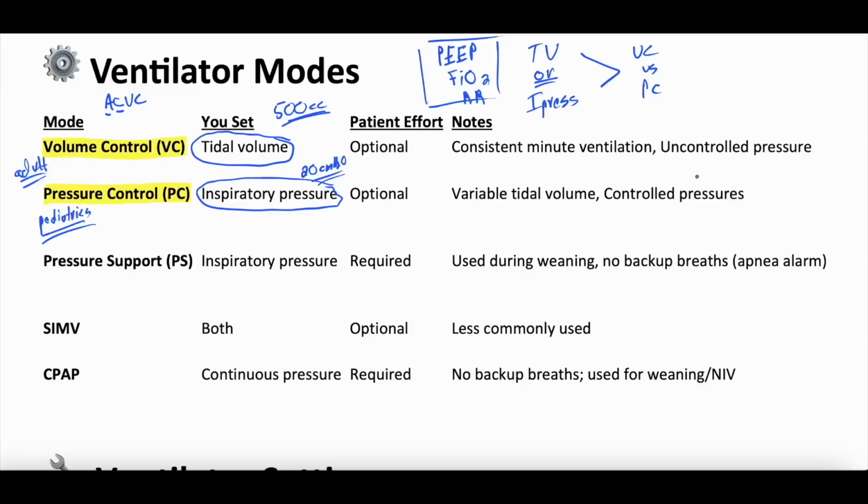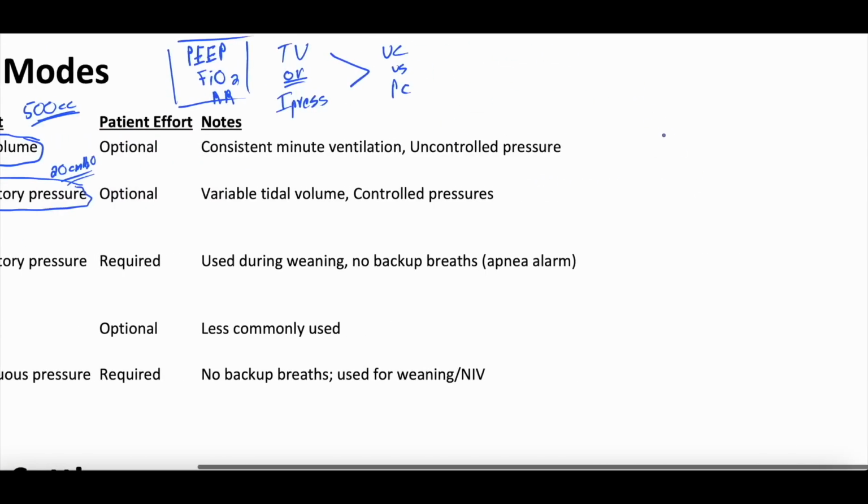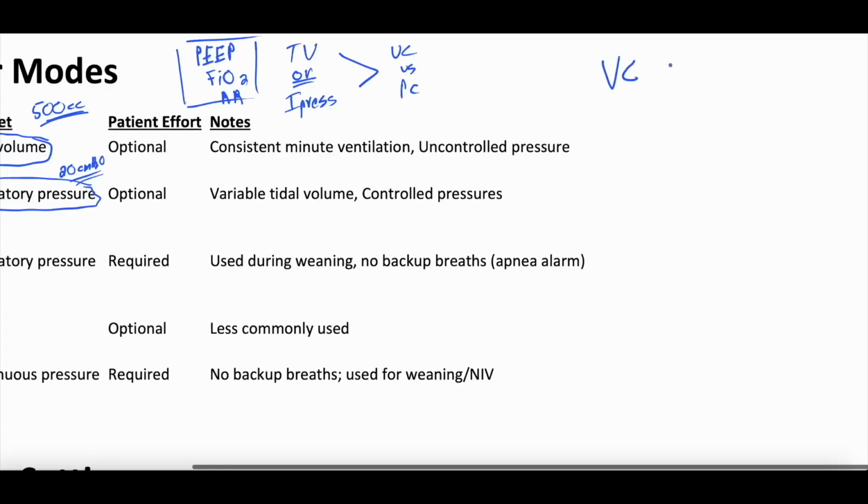So if we think about this in a practical sense, we're going to scroll over to the side. In volume control versus in pressure control, what you're going to see is when you set that tidal volume of 500 cc's, there will be an inspiratory pressure, also known as a peak pressure, that'll pop up in the corner of the ventilator screen with each breath.